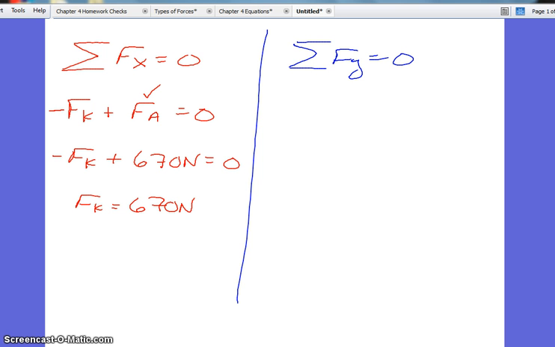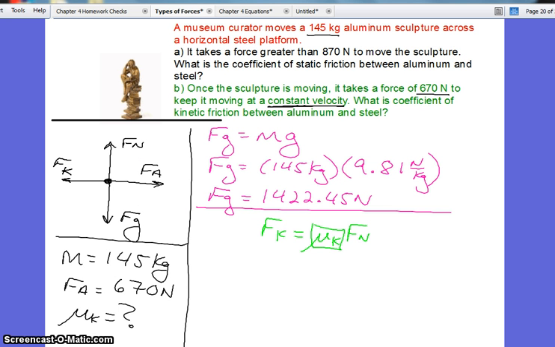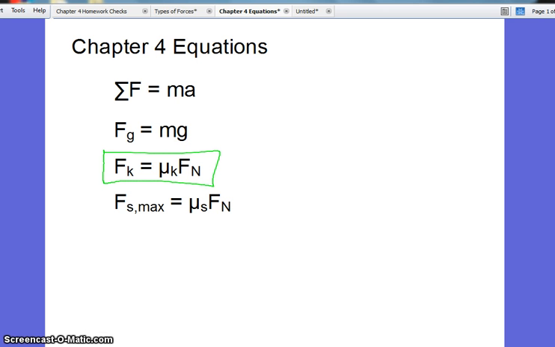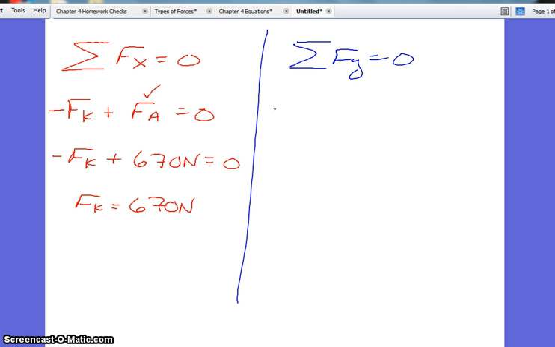Then we go to our conditions of equilibrium in the vertical direction. And we see there's two forces in the y direction, the normal and the gravitational. So let's add those together. So we have the normal force and gravitational force. We want to put in our negatives where applicable. So normal force was up, well, that was positive. Gravitational force was down, that makes it negative.